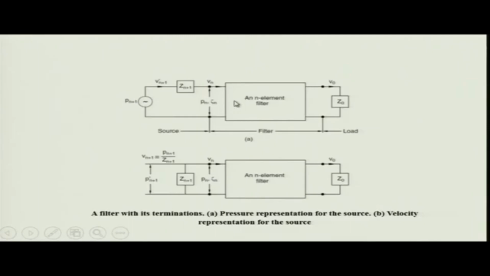The above is called the pressure representation, and the one below is called the velocity representation. This is the n element muffler, which has its own impedance, and Z naught is the atmospheric impedance. In the pressure representation, the volume velocity V n plus 1 is the same as V n, because it is in the same circuit. There is a pressure drop across this impedance element, and then the action of the filter.